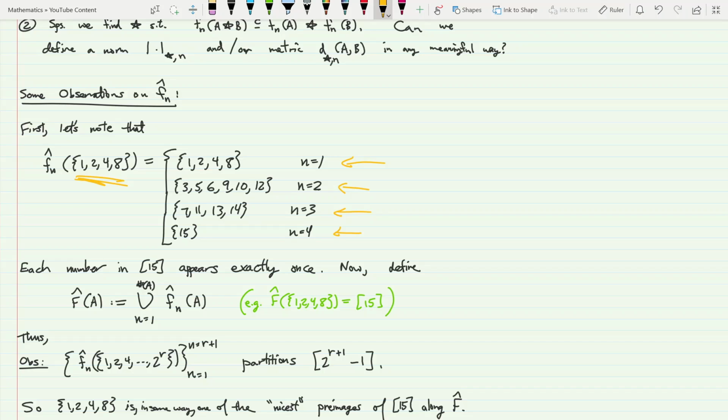So going back to the motivating example, I can measure all the numbers 1 to 15 with just these 4 measurement sticks. Okay? So now f hat a, capital F hat of a, is just a union of these layers. So in this case, it's just bracket 15.